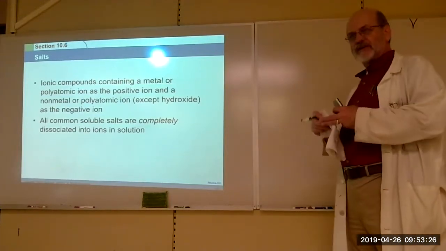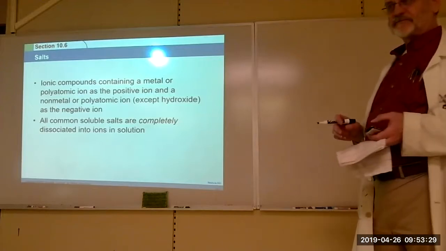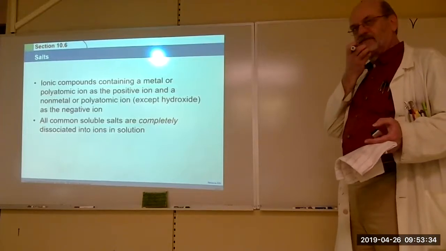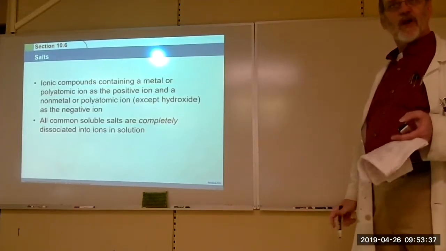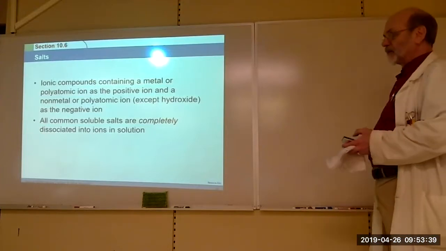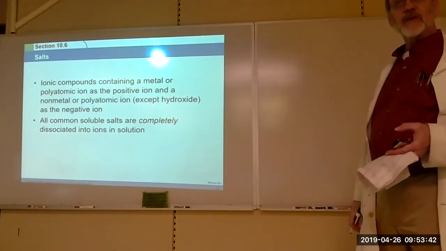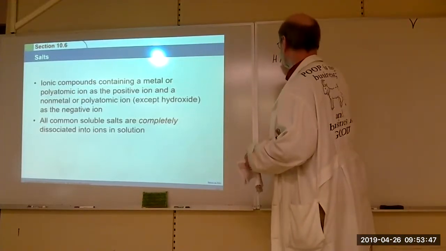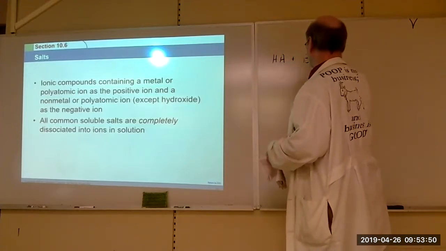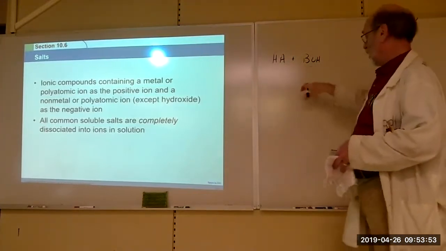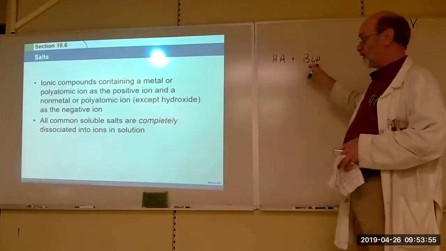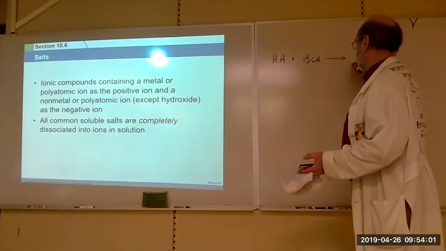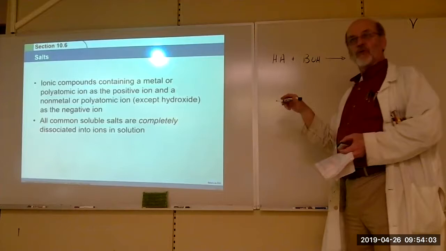So what does salt mean to a chemist? All right, to a cook, sodium chloride is salt. Or potassium chloride is light salt. But to a chemist, a salt is the product of an acid-base reaction. When you put an acid together with a base, and we're going to use an Arrhenius base here, something that has hydroxyl already, then what you get is a double replacement reaction.